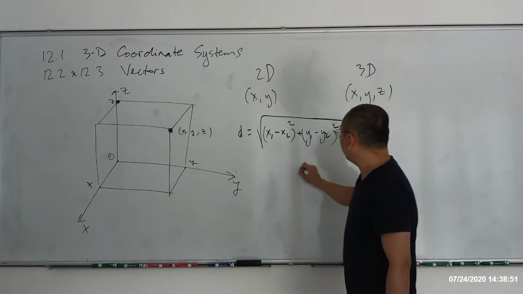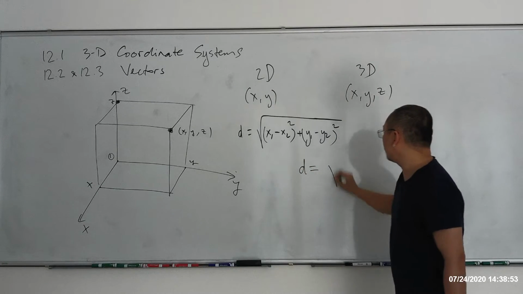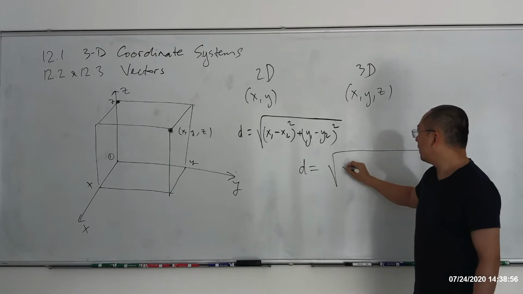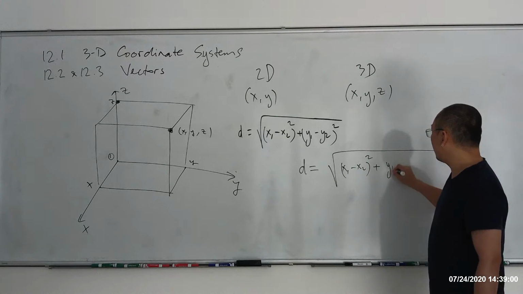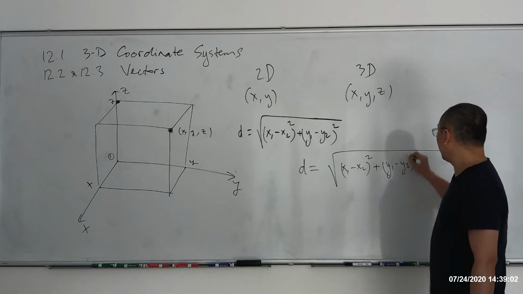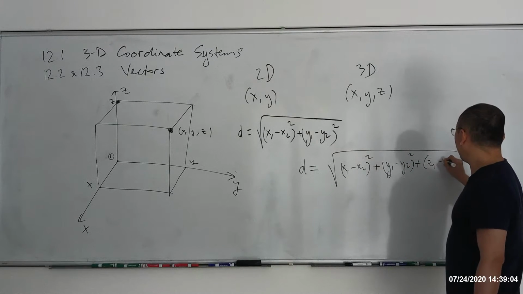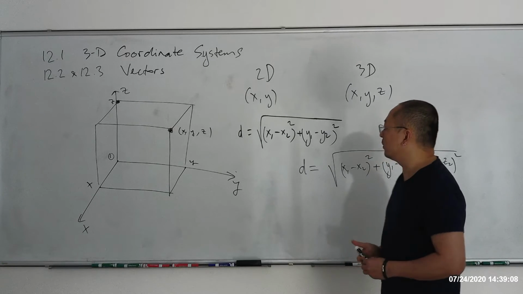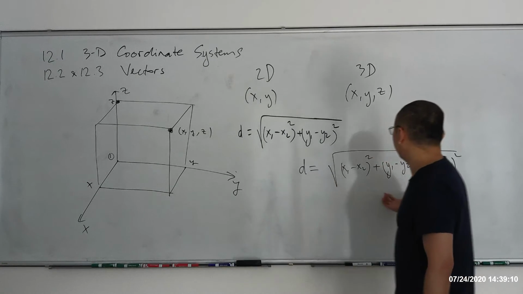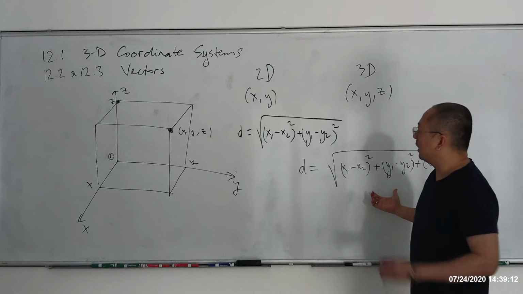In 3D, you add one more dimension to it, so it's just the square root of (x1 minus x2) squared plus (y1 minus y2) squared plus (z1 minus z2) squared. I'm talking about the distance between two points on the plane, or the distance between two points in space.